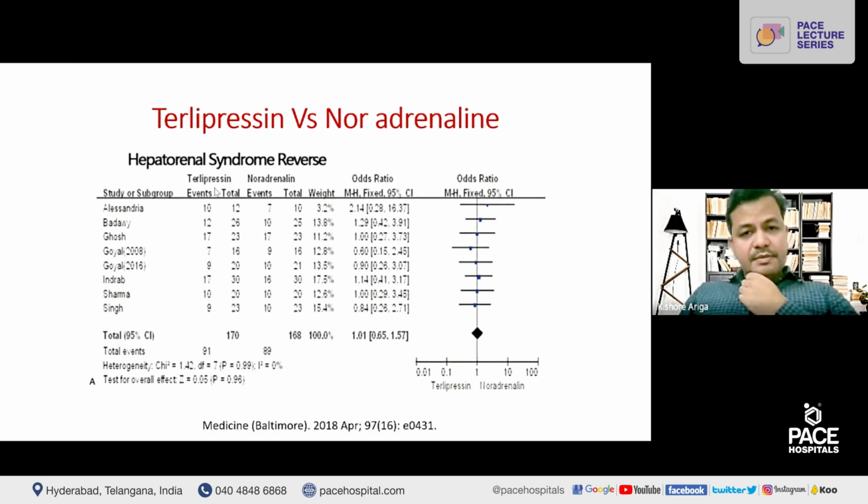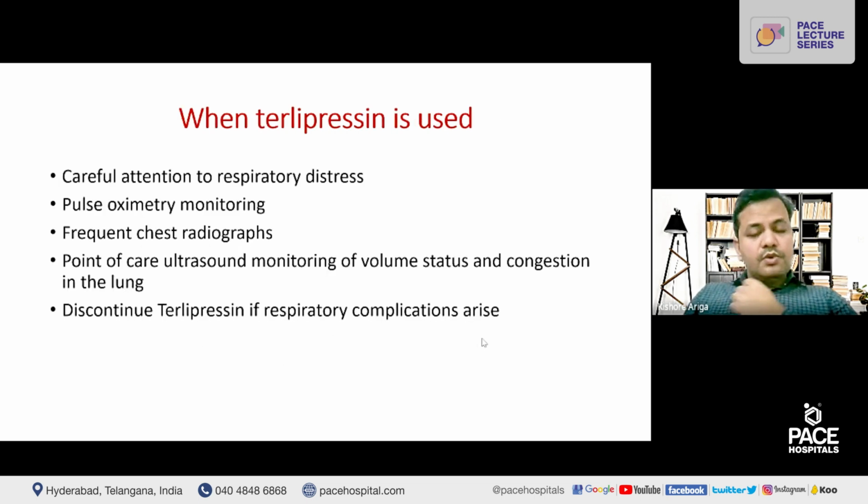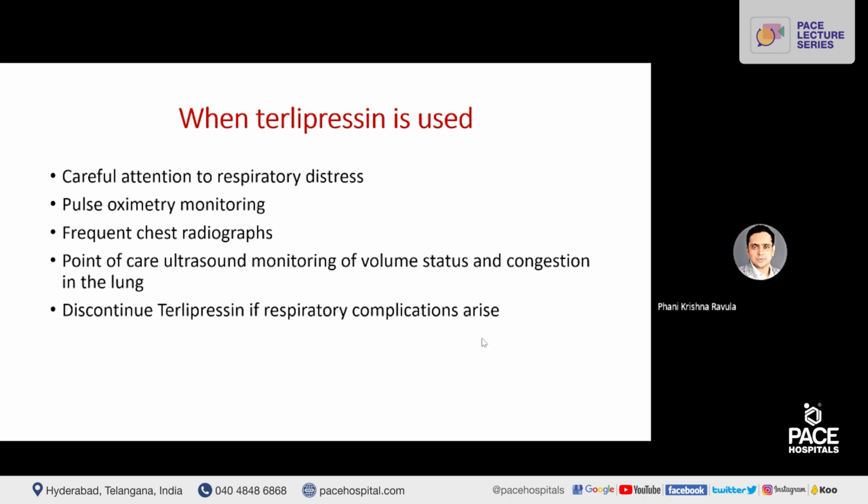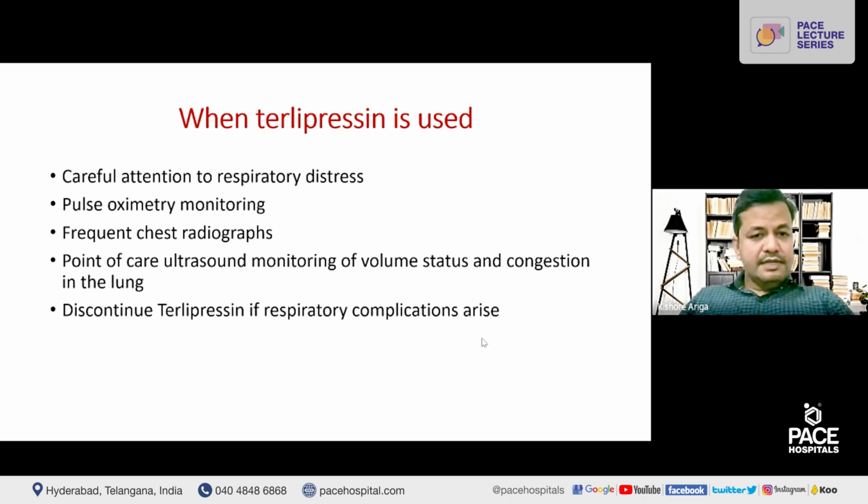Coming to terlipressin versus noradrenaline, this meta-analysis shows that the effect is almost similar between both drugs. So whenever we use terlipressin, there should be careful attention to respiratory distress. Pulse oximetry monitoring is compulsory, frequent chest radiographs are required, and point of care ultrasound monitoring of volume status and lung congestion is required. Discontinue terlipressin if respiratory complications arise.